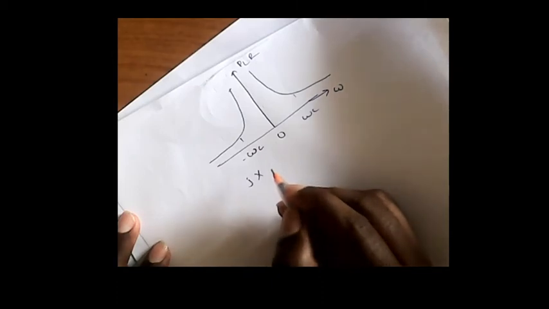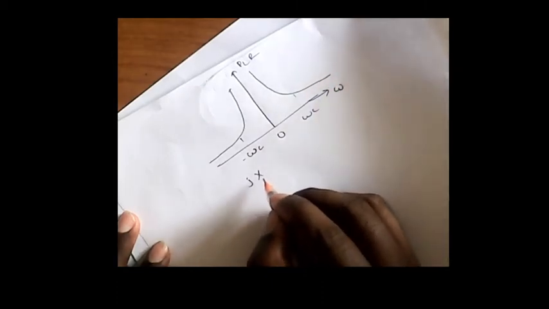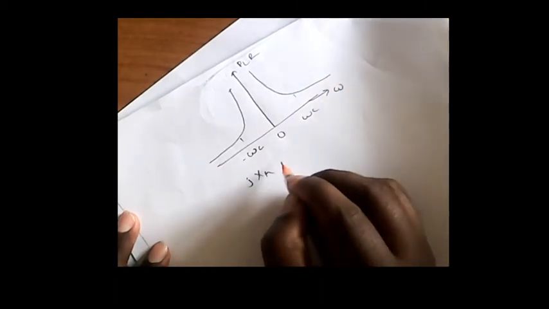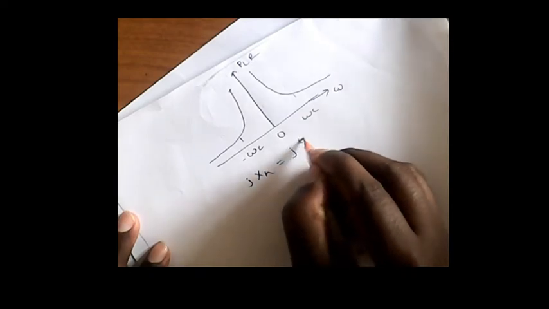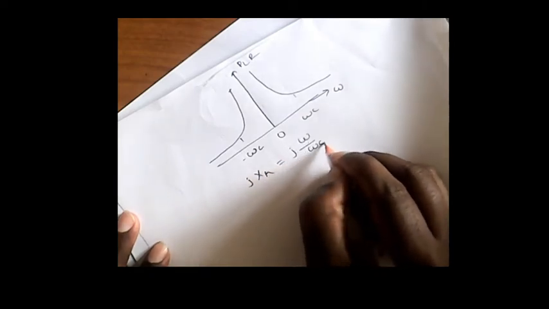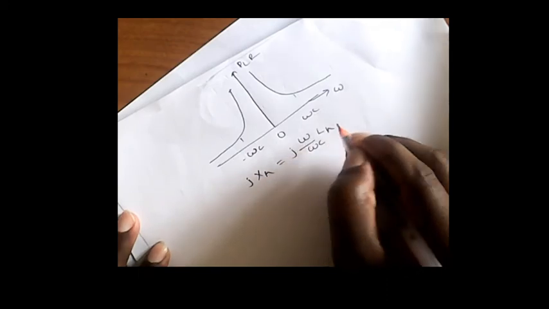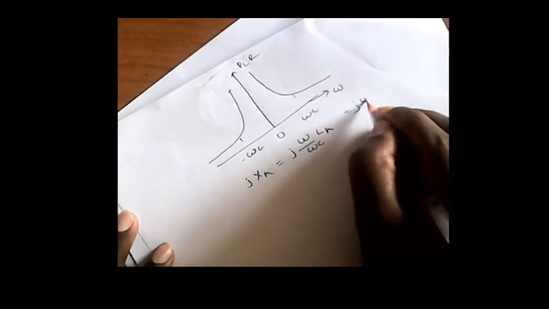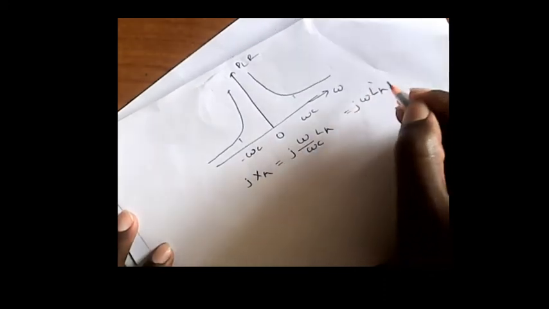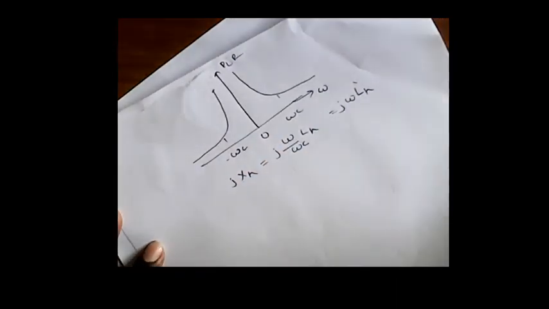And the new elements after applying the frequency scaling: the series reactance jXk is j omega by omega c times Lk, which is j omega L dash k. This is equation number 6.